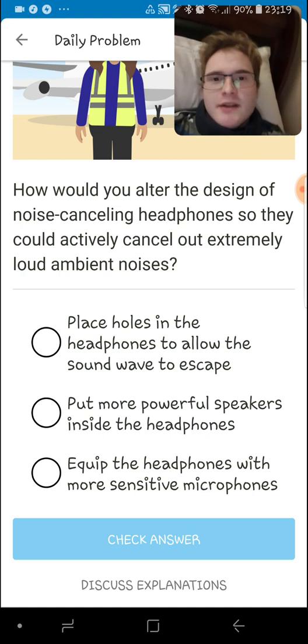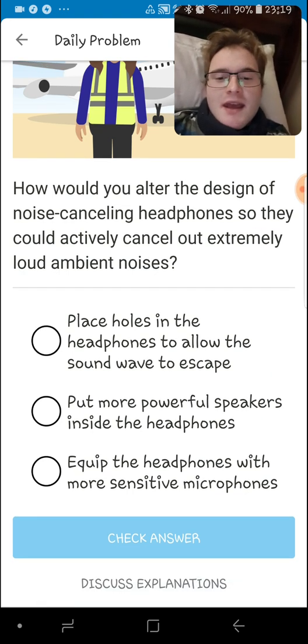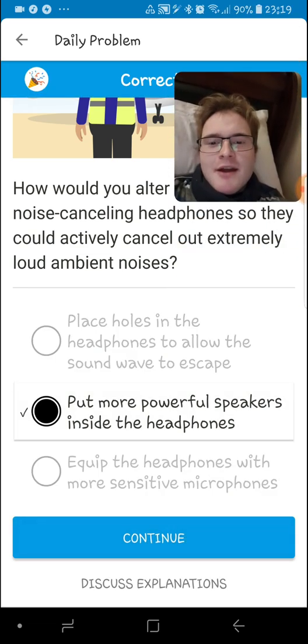To do that, you're going to have to put more powerful speakers inside the headphones. One option is to place holes, but if you put holes in it, you'll be able to hear the noise even more, so that's not right. Equip the headphones with more sensitive microphones? Well, we wouldn't need that because the noise is really loud. So let's try the middle option. And here we go. We're correct.